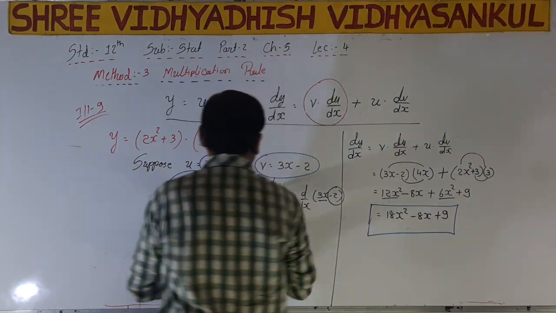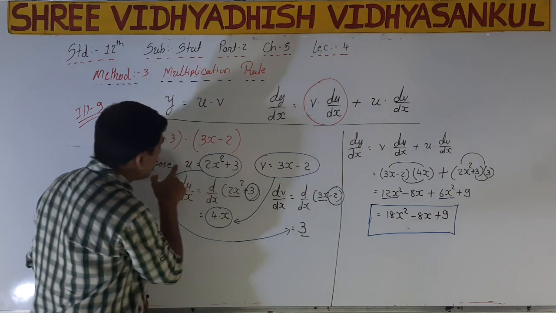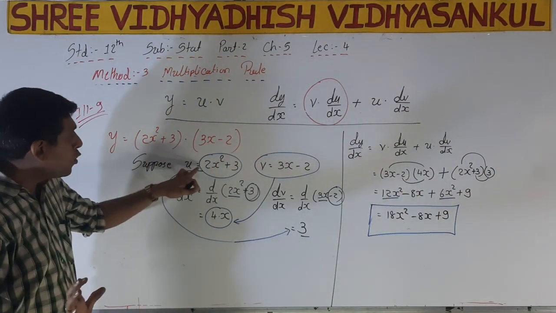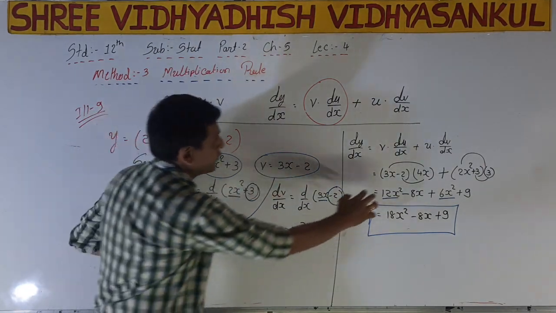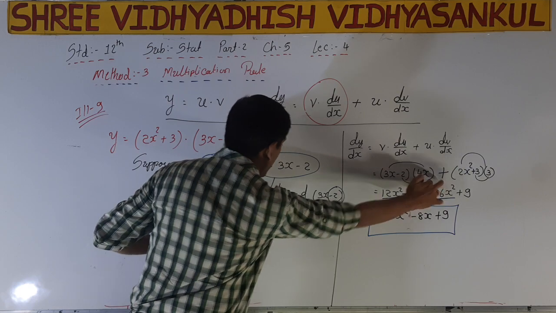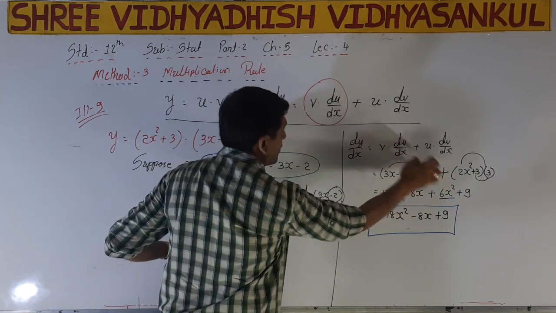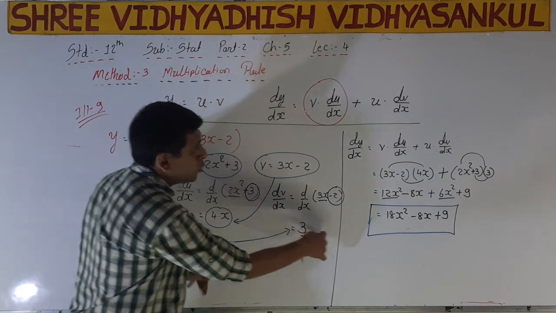Now cross multiply. Cross multiplication is v into du by dx and then u into dv by dx. This is the formula. So first of all, v, 3x minus 2 into 4x, plus. Now u is 2x square plus 3 into 3.